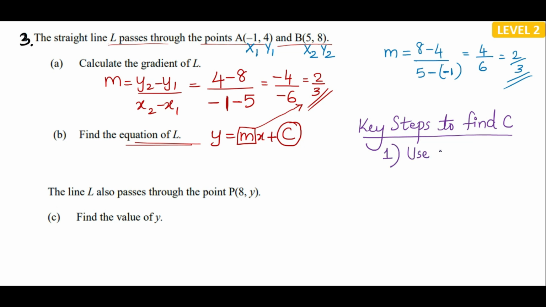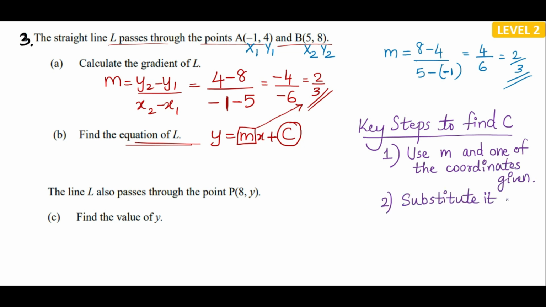Use m and one of the coordinates given. Substitute it into y equals mx plus c. Okay, I will take one of the coordinates here. I'm going to take B. You can take A or B, it's up to you. I prefer to take B.